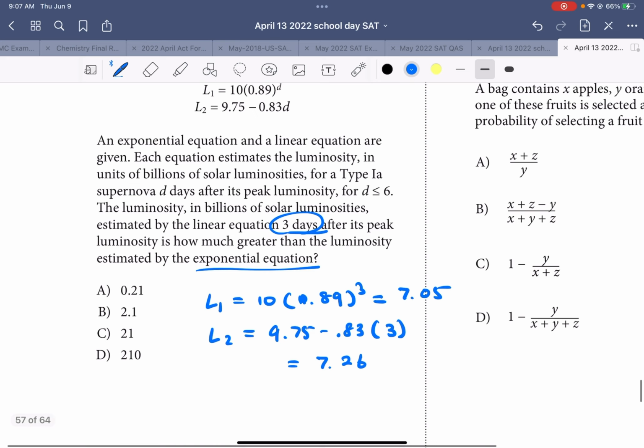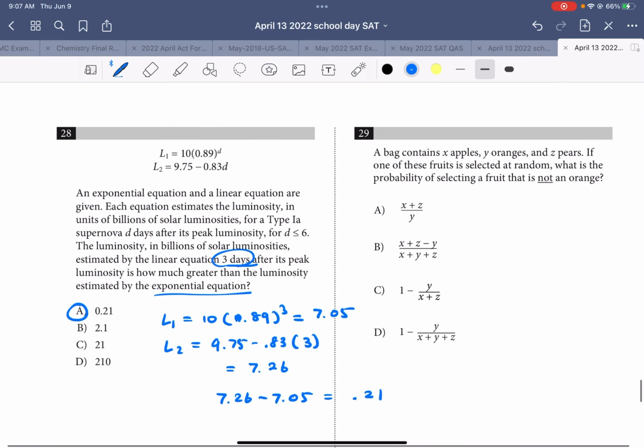So approximately how much bigger? 7.26 minus 7.05, that's approximately 0.21. So answer A. Okay, you plug 3 into those equations and then subtract, and we'll get the answer.